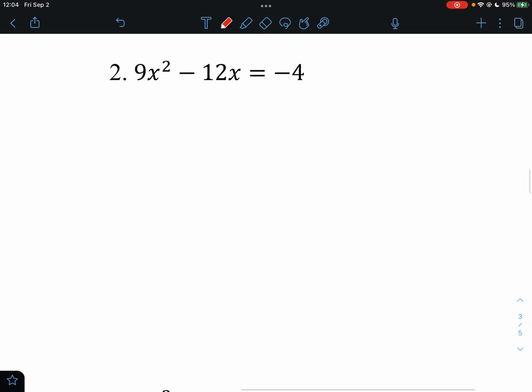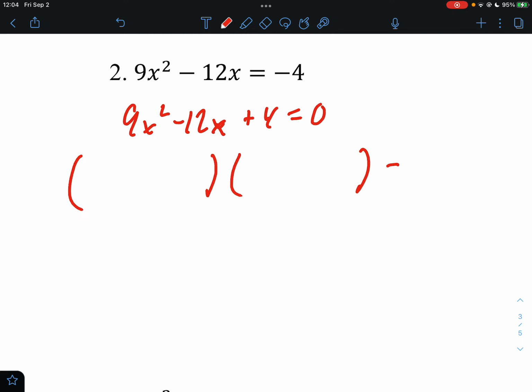Number 2. First thing we need to do is get this in standard form by adding the 4 over. And now we are going to want to try to factor this. Let's see if we can come up with a factorization for this one. So 9x squared, we can maybe try 3x and 3x. And for 4, let's try minus 2 and minus 2 because this is negative here.